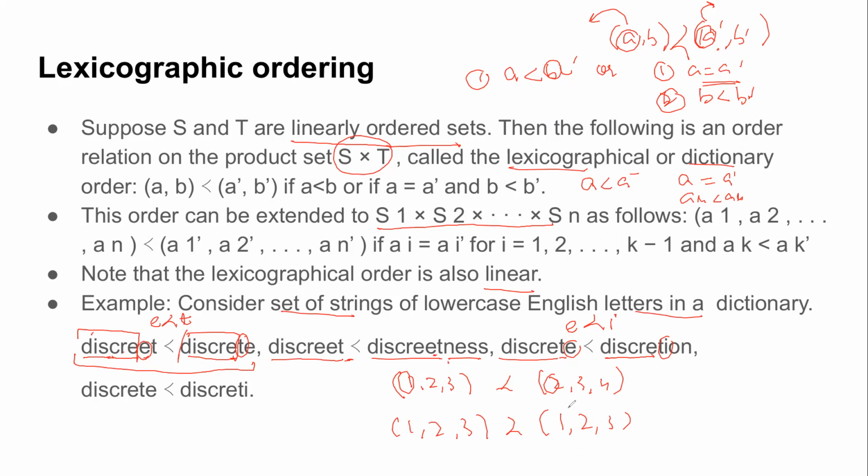Such kind of ordering is known as lexicographic ordering, where you check the relation starting from the first coordinate. If the first coordinate dominates, then it's already a lexicographic order. If the first coordinate is the same, then you need to ensure there's at least one coordinate where you get this relation. And as I said, this is very important when we define identifiers in C programming. Is this clear? Lexicographic ordering?